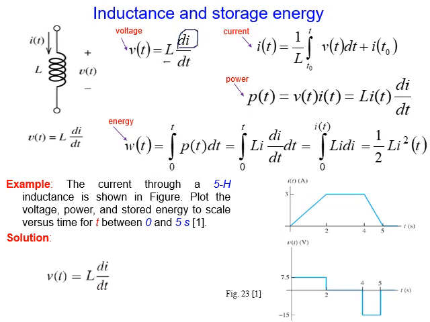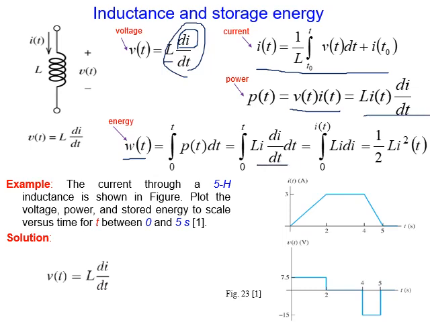L is the inductance of the inductor. Since we have the voltage, we can cross multiply to find the current in terms of voltage, which will be integration rather than differentiation. And again, the power is voltage times current. For energy, we substitute the formula of voltage times current, and we substitute the voltage by L di over dt from here.